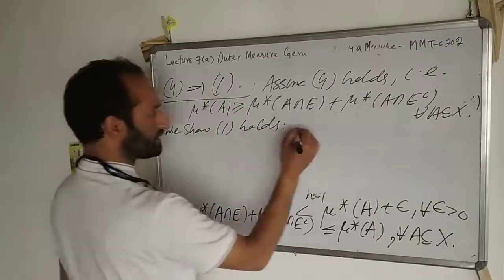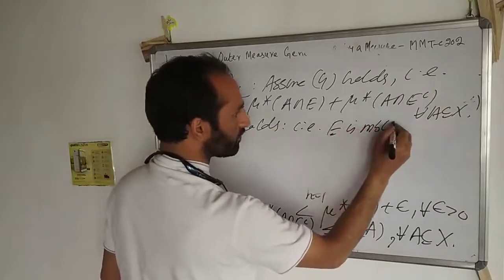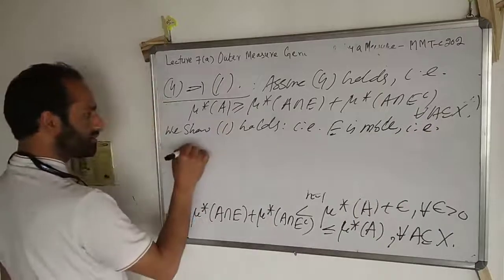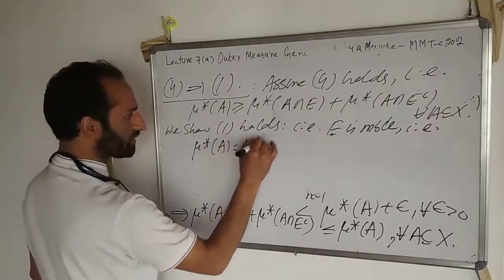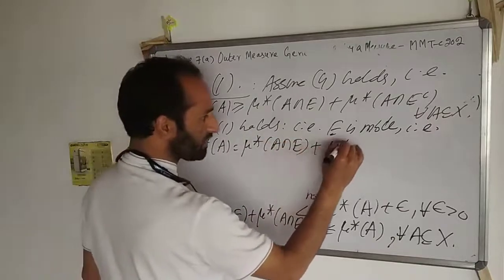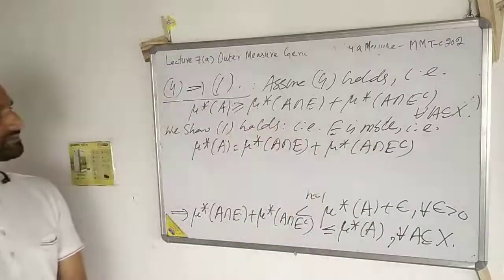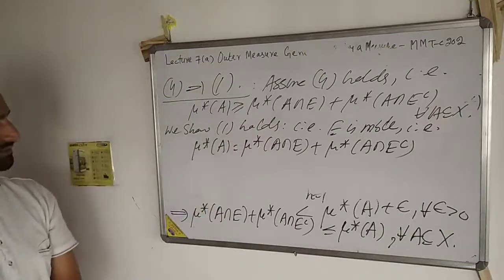That is, E is measurable. E is measurable means μ*(A) is equal to μ*(A ∩ E) + μ*(A ∩ E^c). So it's given and you have to prove this equality.